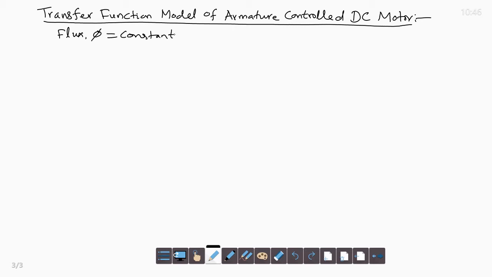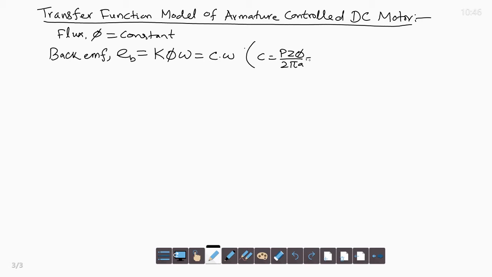So back EMF EB is K phi into omega, because phi is constant, it is C into omega, where C is P z phi by 2 pi A, a proportionality constant.